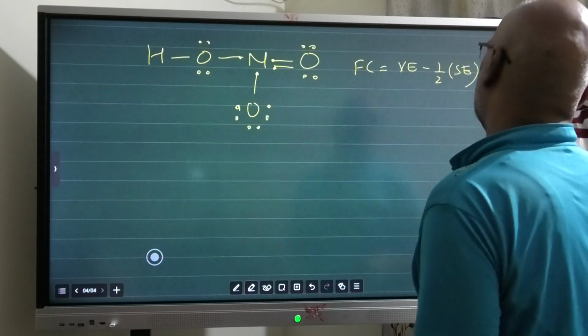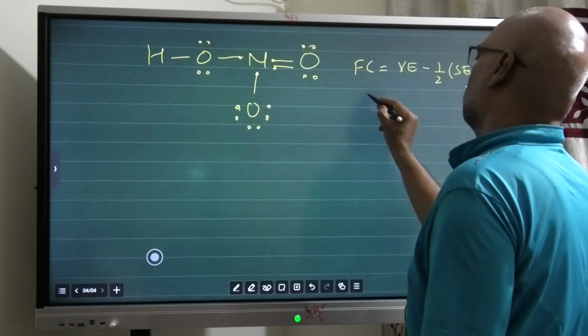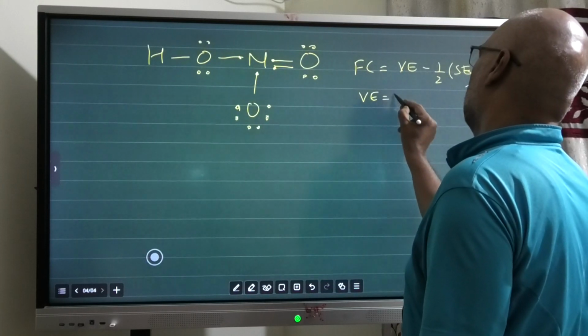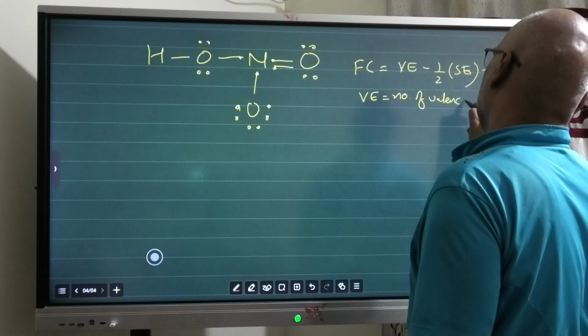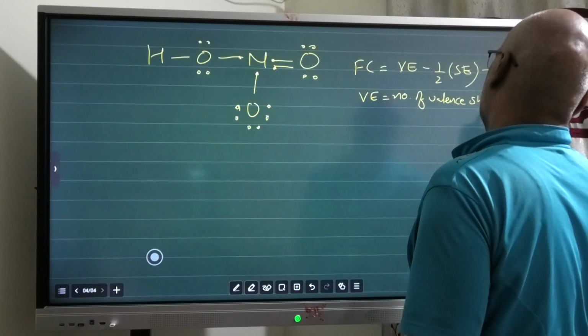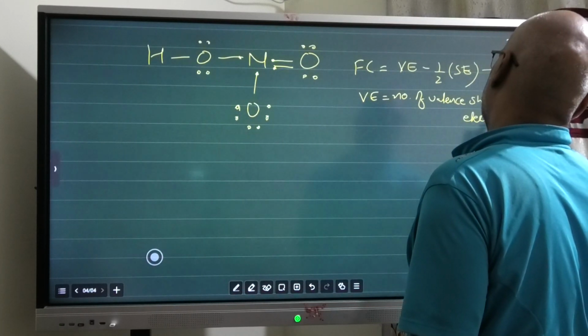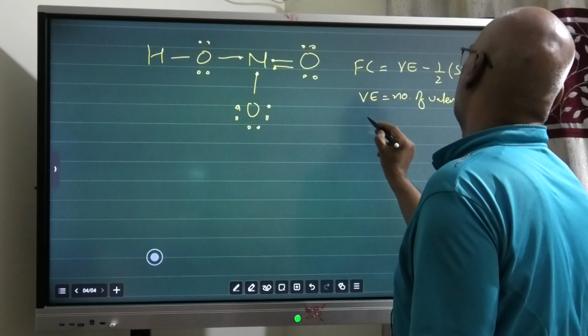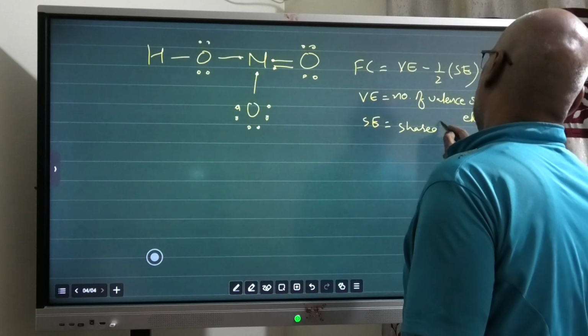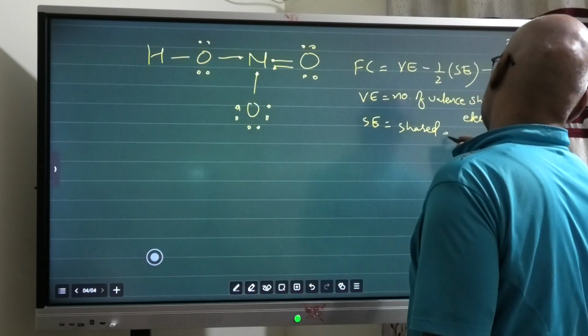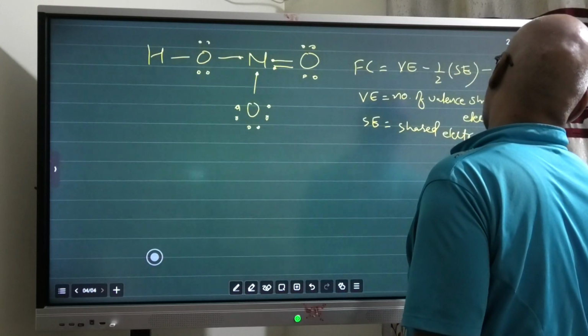Okay. So this formula you can remember. I will expand the terms. VE is the number of valence shell electrons. SE is basically shared electrons.